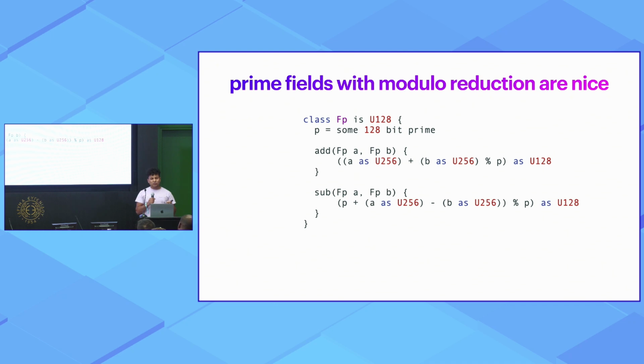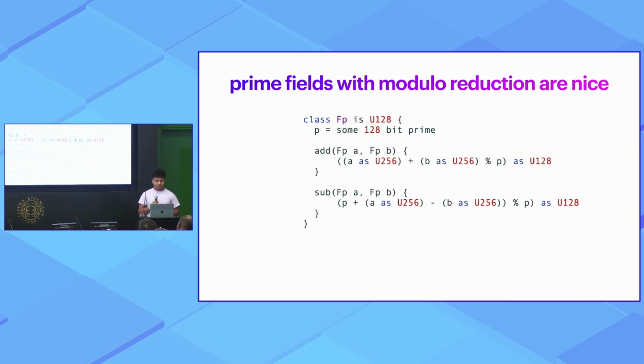The only thing is it might overflow, so you need to typecast it to a bigger type so that it doesn't overflow, then do a modulo P, and then get it back to your original type. For the subtraction, you can have negative values, but in a prime field it wraps around, so you can just add P so that you can get the negative values. You can use just the uint value to also represent the negative values.